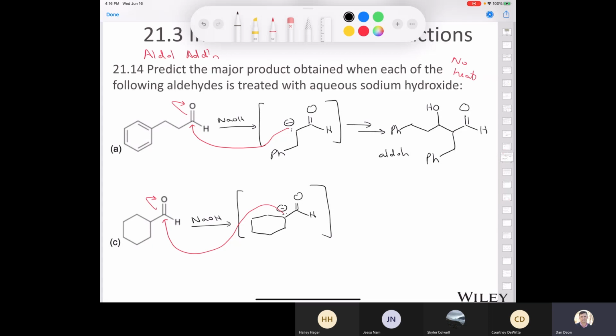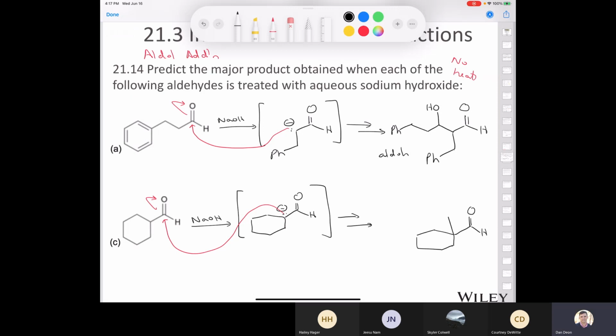So after my nucleophilic attack and proton transfer, what do I end up with? I'm going to end up with something that looks like this. So draw my 6-membered ring, my aldehyde over here like this.